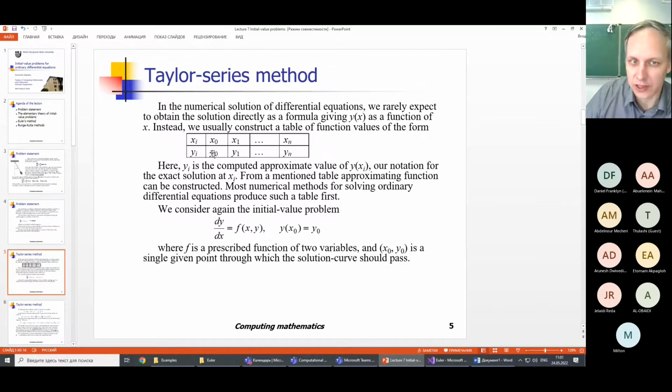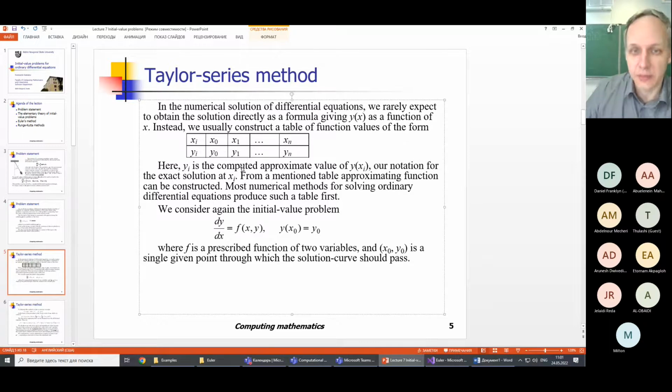We cannot find the exact solution y of x, but we can find this table that contains x's and y's. Here y is the approximated value of y of xi, and after that we can find an interpolating polynomial that interpolates the function.